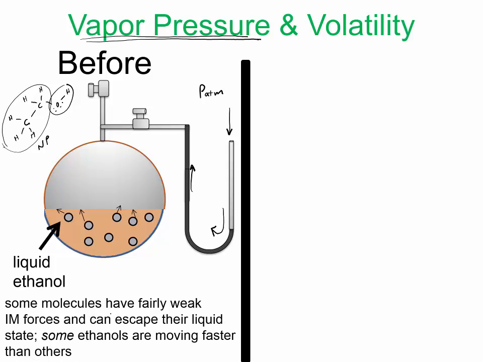So it says some molecules have fairly weak intermolecular forces and can escape their liquid state. What this picture is showing is some ethanol molecules down here at the bottom, and typically the ones at the top can escape. This has everything to do with the kinetic molecular theory and population distributions of molecules.